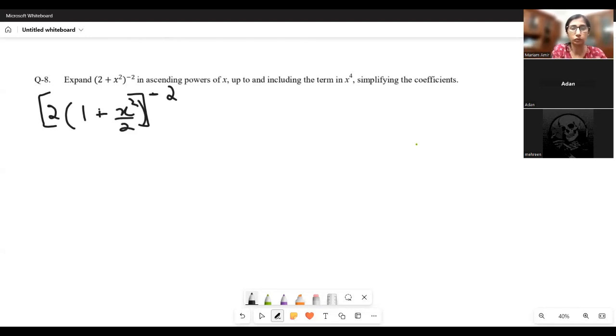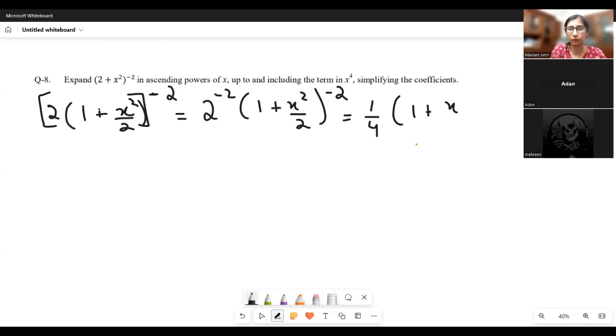So now I'm going to split the power 2 minus 2, (1 plus x squared upon 2) power minus 2. And this becomes 1/4 of (1 plus x squared upon 2) power minus 2. Now we're going to expand this, and later we will times it with 1/4.